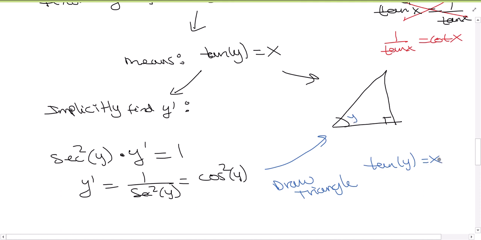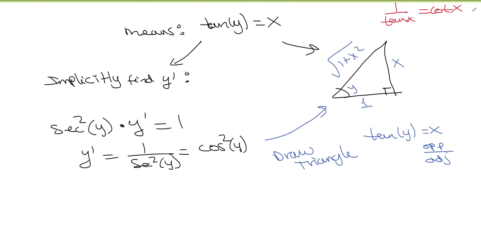And what do we know about tangent? Tangent is opposite over adjacent, right? So that means that this is going to be x and the adjacent is going to be 1. And I'm looking for cosine. Cosine is adjacent over hypotenuse. So we need the hypotenuse, but the hypotenuse is a squared plus b squared, square root. So this is the square root of 1 plus x squared.